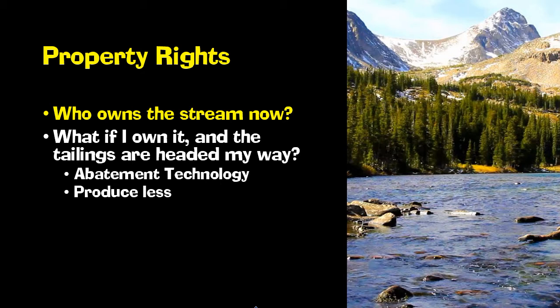And if I say, no, I don't want that, I want you to not put stuff in my stream, then they have to use what we call abatement technology, which is they have to catch that stuff somehow and dispose of it before it gets into my stream, or they could produce less. They could shut that mine down because the cost of cleaning up their waste products is more than the value of what they're pulling out of the mine. Okay? So those are their two choices.